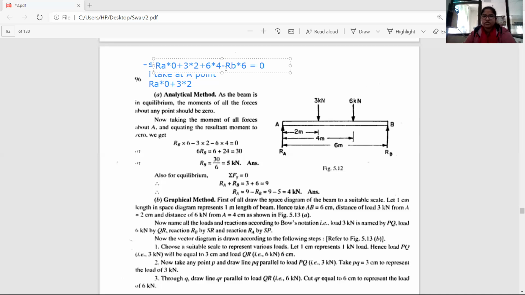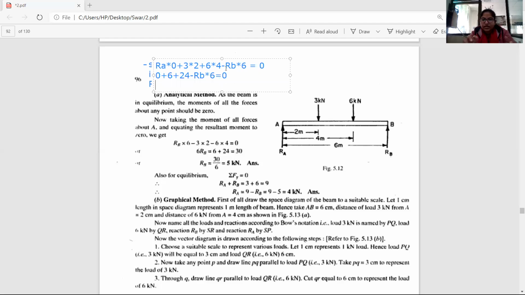So Ra multiplied by 0 is 0, plus 3 multiplied by 2 is 6, plus 6 multiplied by 4 is 24, minus Rb multiplied by 6 equals 0.